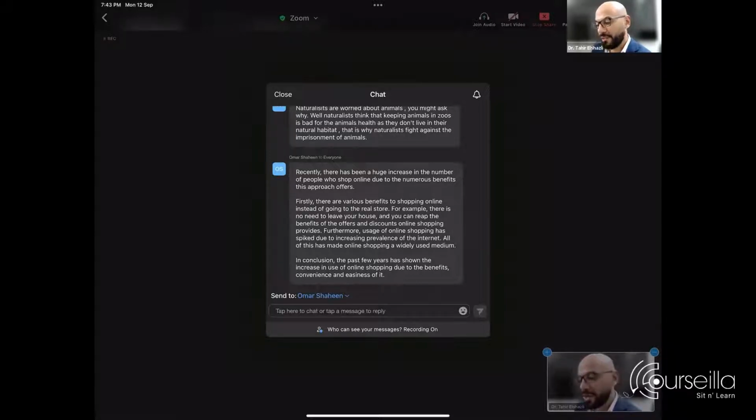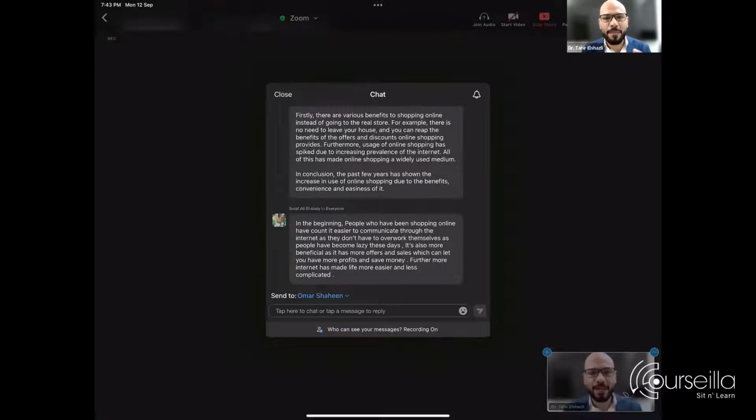There is no need to leave your house and you can reap the benefits of the offers and discounts online shopping provides. He is trying to appeal to people's comfort, to touch your comfort zone. You want to be sitting comfortably and relaxed, and have things come to you at home. This is an emotional approach. He did two strong things here: he talked about something you will love, trying to be interesting and win your attention, and he approached you by using the pronoun 'you'. This is very successful when it comes to writing a good paragraph.